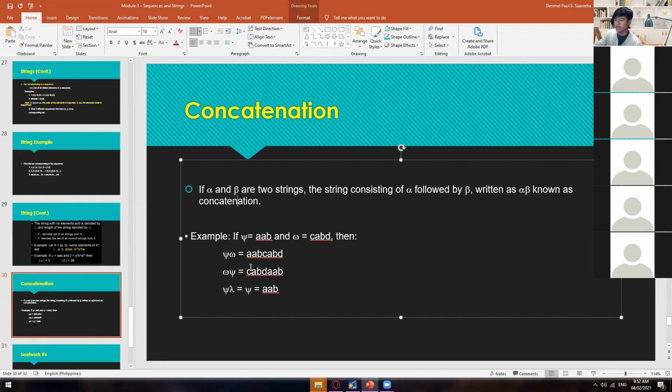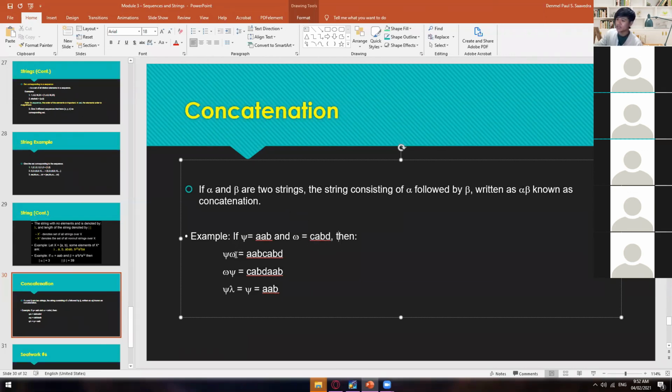So we have this example. We have this symbol, which contains AAB, and then we have this other symbol, which has the string CABB.